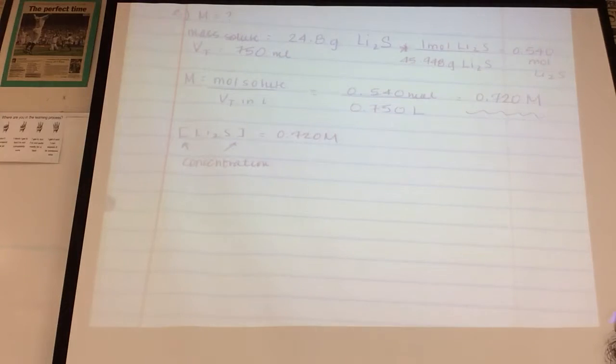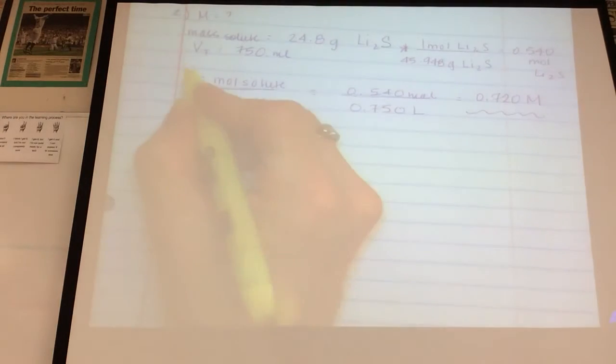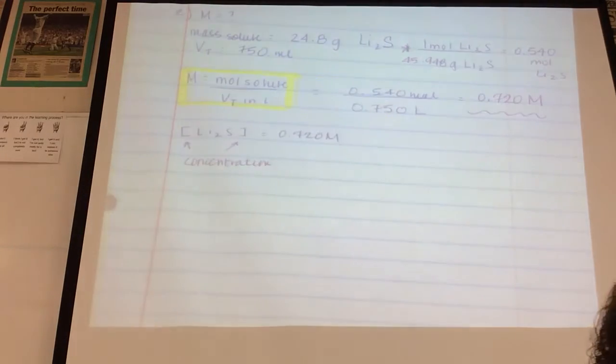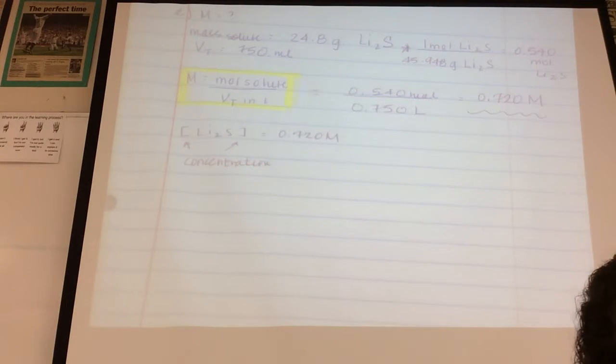If this is your formula, what if they asked you to solve for mass? What if they wanted to know what mass of substance you would dissolve in water? How would you go about solving for mass?